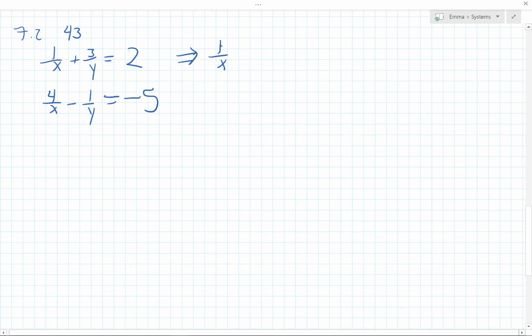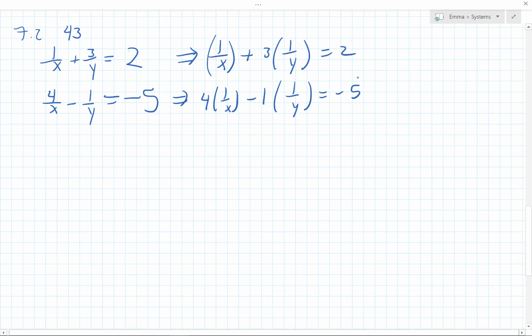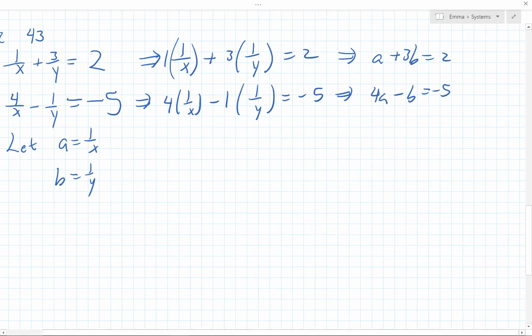So they've rigged it so that if you write it like this, and then you make a substitution, if you simply let a equal 1 over x and b equal 1 over y, then these equations become 1a plus 3b equals 2 and 4a minus b equals negative 5. And you're like, oh, I can solve that.